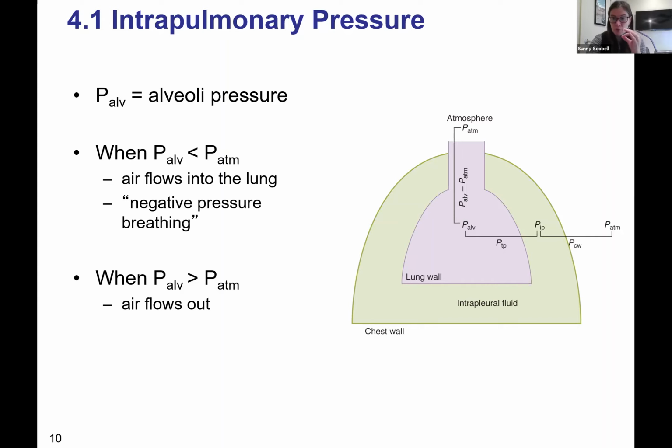You are a vacuum. When you suck in, you're a vacuum. Remember this, you are a vacuum. When you pressurize that, that's when air is going to flow out, because you're going to have higher pressure in the alveoli than the atmosphere, and it's going to go from high pressure to low pressure.